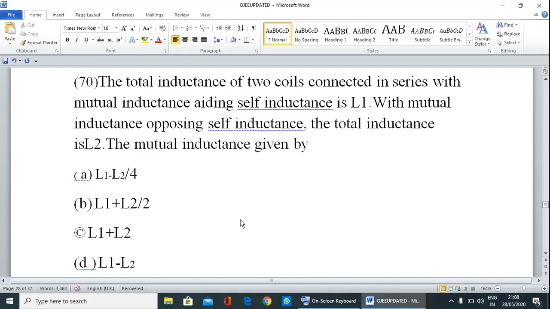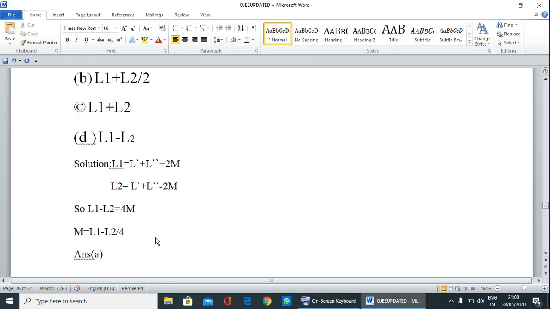So we have to find out what is the mutual inductance. This is also a very simple question. There is a formula you have to remember: L1 is equal to L dash plus L double dash plus 2M, in case of adding mutual inductance, and in the opposing case, L2 is equal to L dash plus L double dash minus 2M.